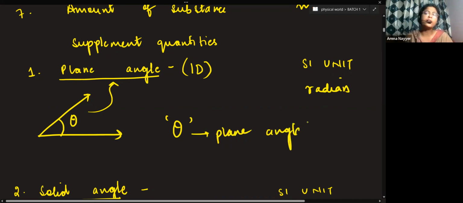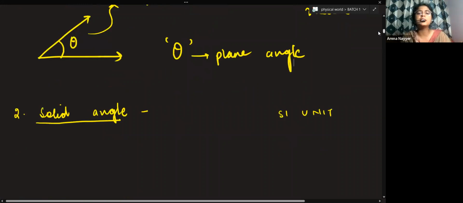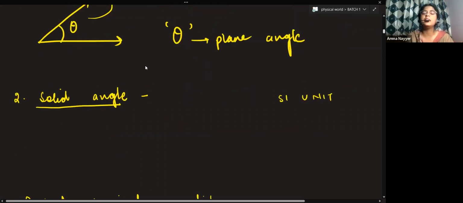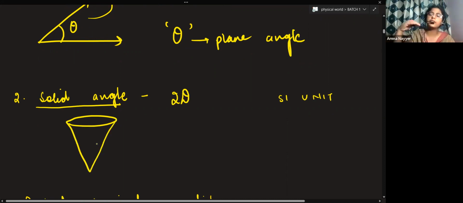Now, contrary to that, which was 1D, we have solid angle. That means the angle for 3D figures. Like if I talk about a cone, the cone's curved surface is also subtending an angle at the base of this cone.